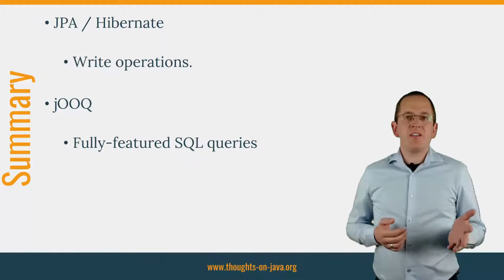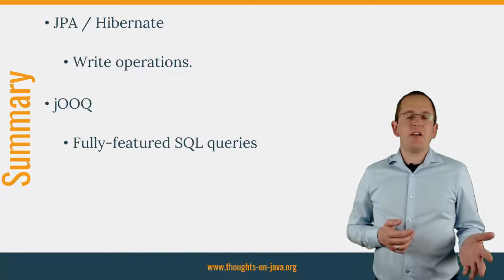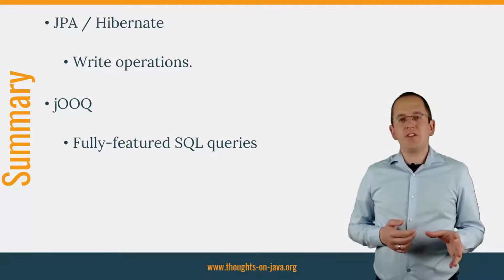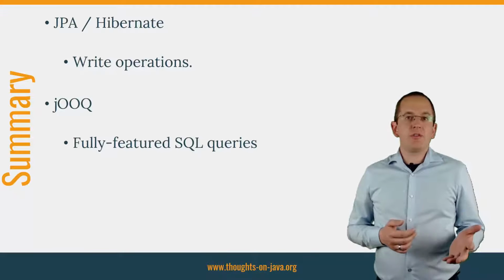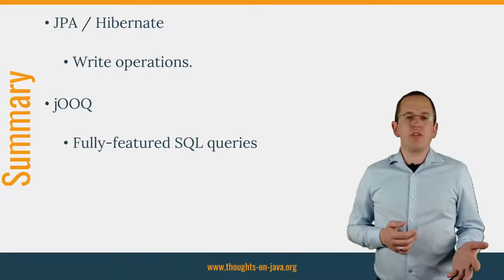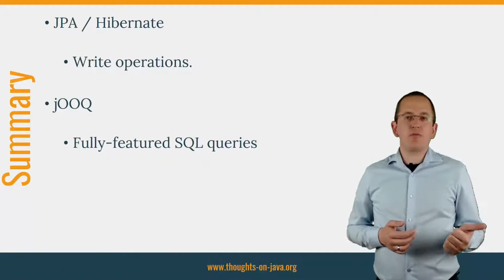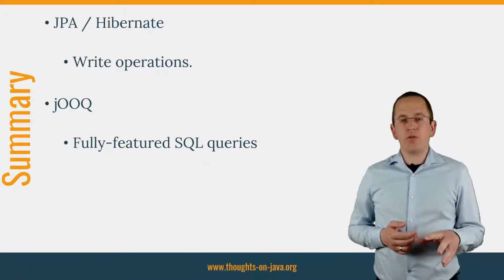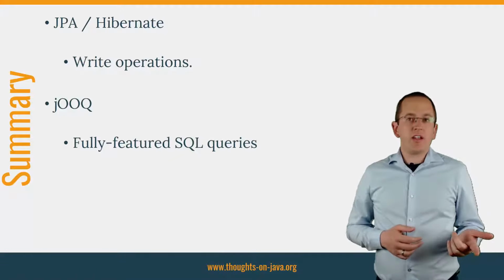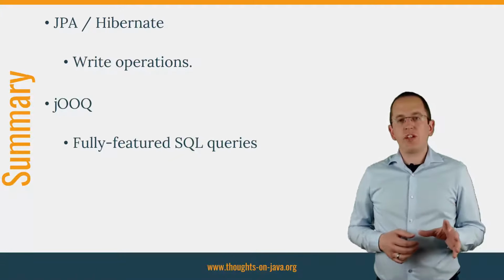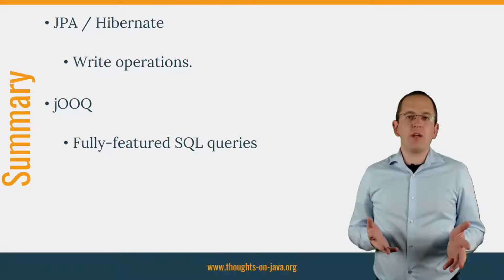As you have seen, you can easily use Hibernate and jOOQ within the same application. This enables you to use the best parts of both worlds. JPA and Hibernate provide a very efficient and comfortable way to implement write operations. jOOQ's DSL enables you to build fully featured SQL queries in a type-safe way.